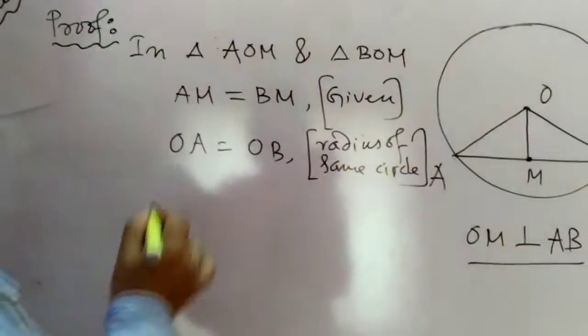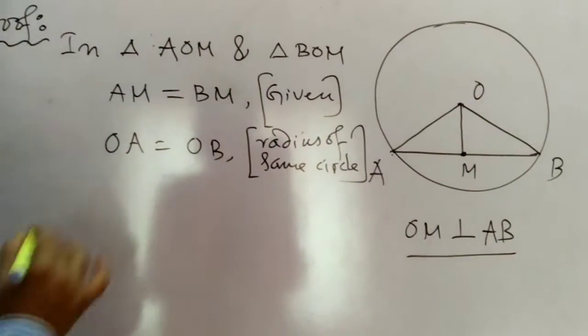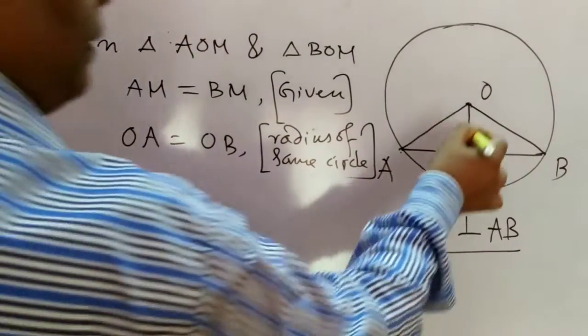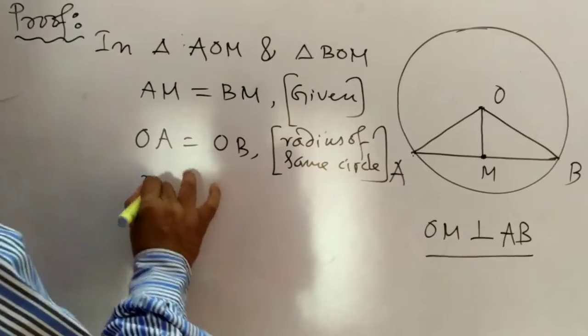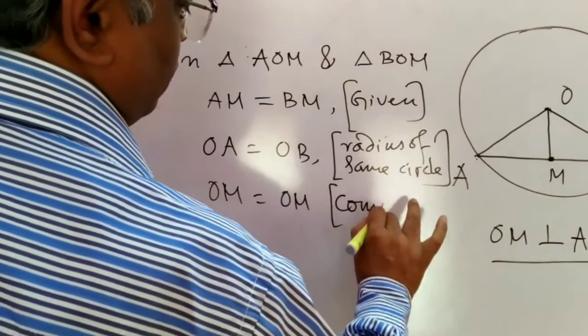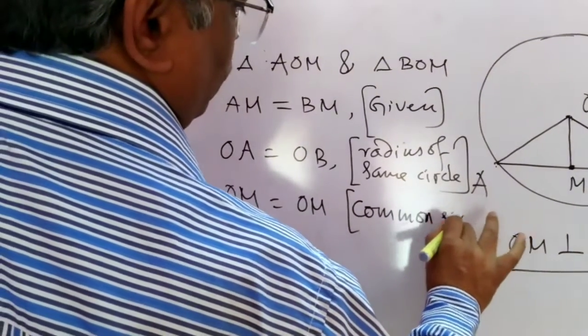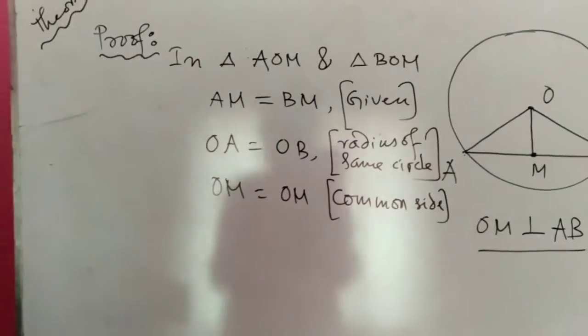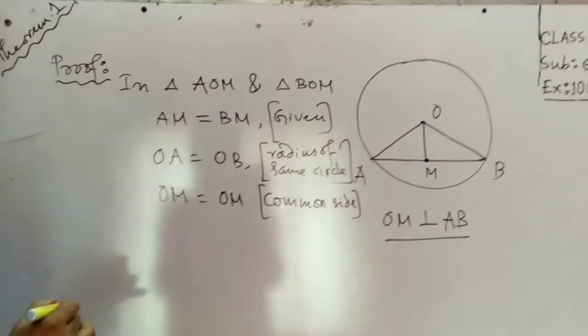Two sides, AM equals BM, OA equals OB, and OM equals OM, common side. So here, three sides are equal.